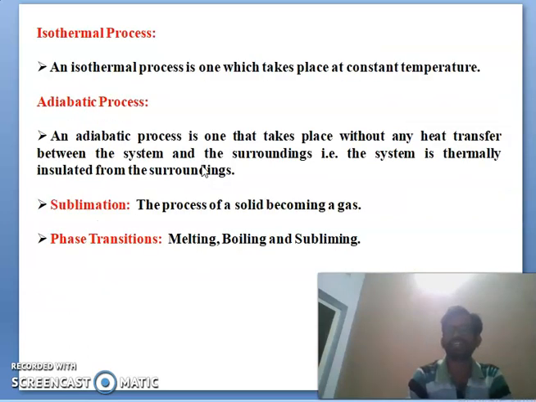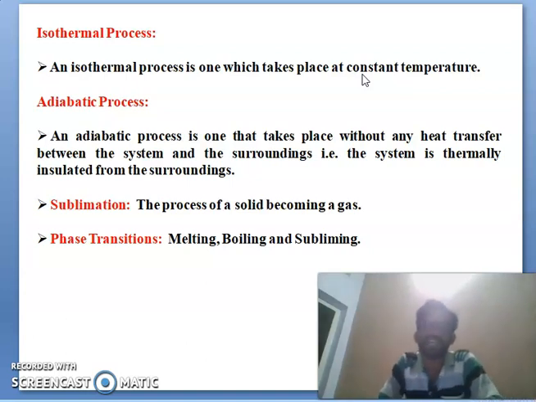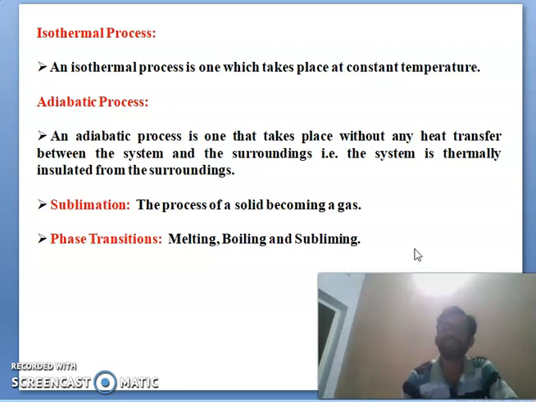Next one, what is the isothermal process? The isothermal process takes place at a constant temperature. Then the adiabatic process is one that takes place without any heat transfer between the system and the surroundings. The system is thermally insulated from the surroundings.